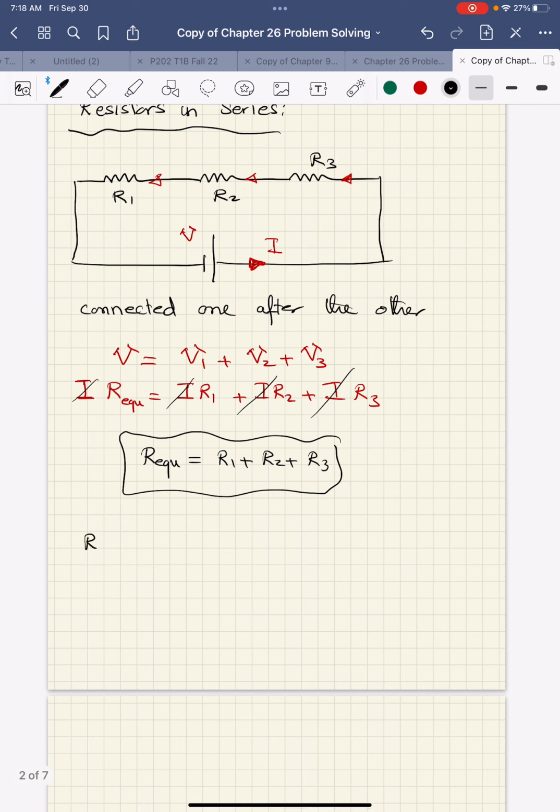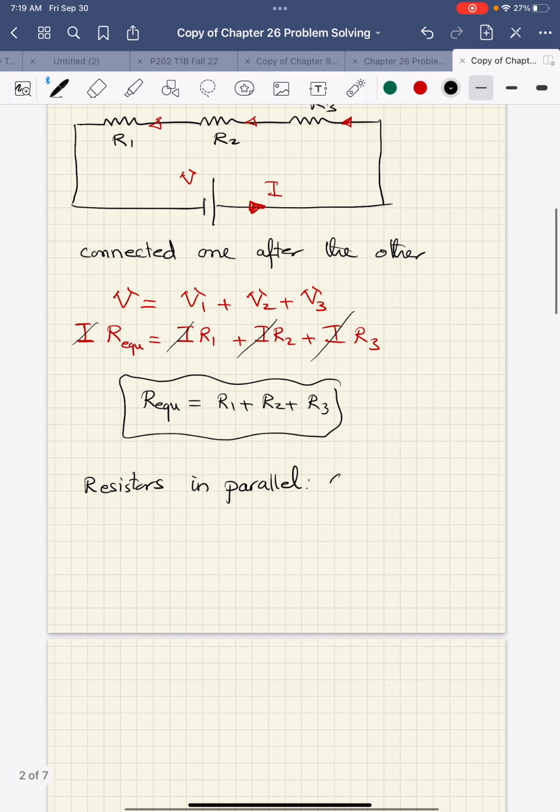Now, for resistors in the other connection, which we call parallel, what is constant is the voltage.